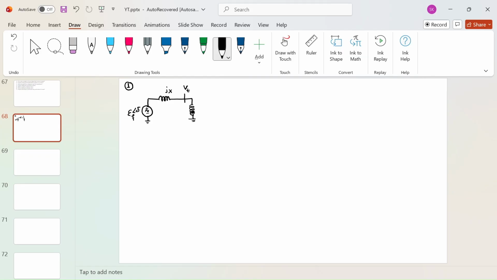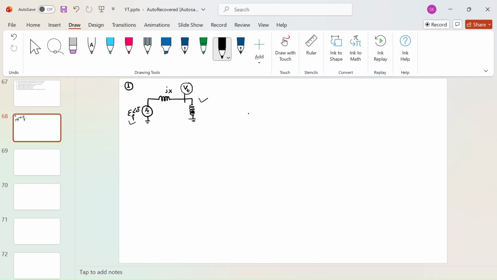So I hope you know, at lagging load condition, my synchronous generator operates at overexcited condition. That means to maintain sufficient voltage at this terminal, your field excitation must be very high, because during lagging load condition the nature of the armature reaction will be purely demagnetizing.